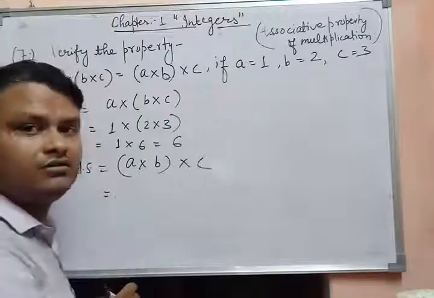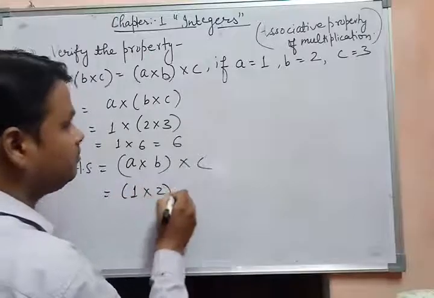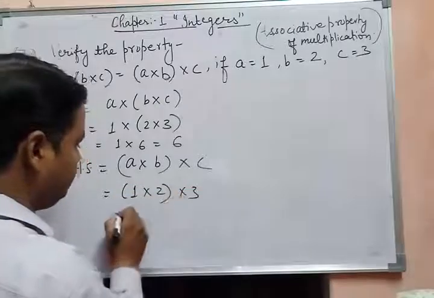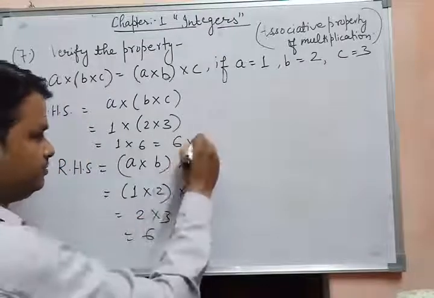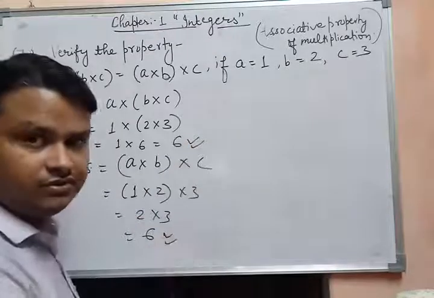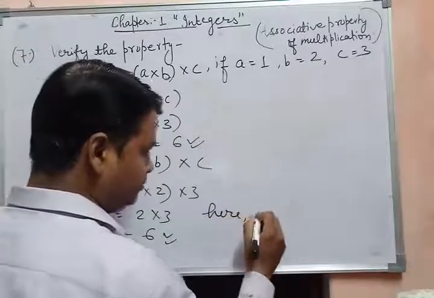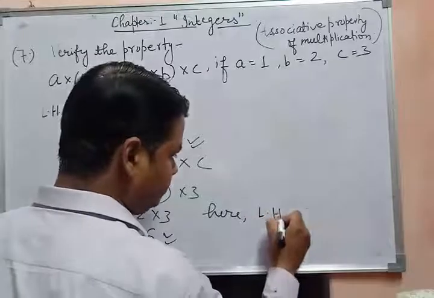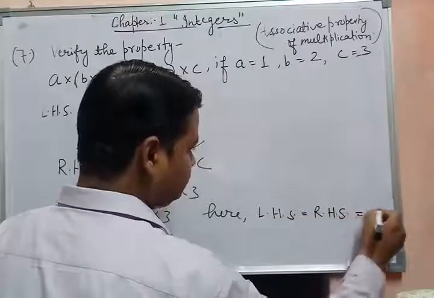Then what is the result? 1 into 2 into 3, 1 into 2 is equal to 2, and 2 into 3 is 6. Here we get the same result on both sides. So you have to write in one line: LHS is equal to RHS is equal to 6.